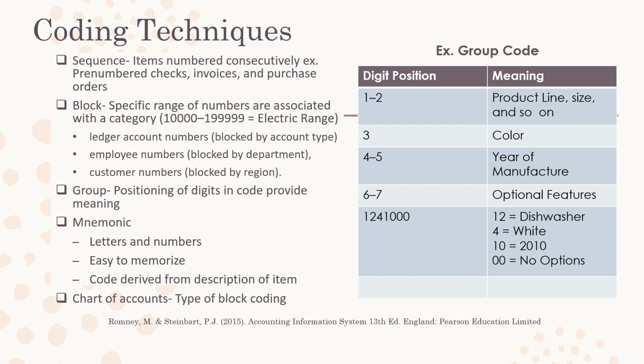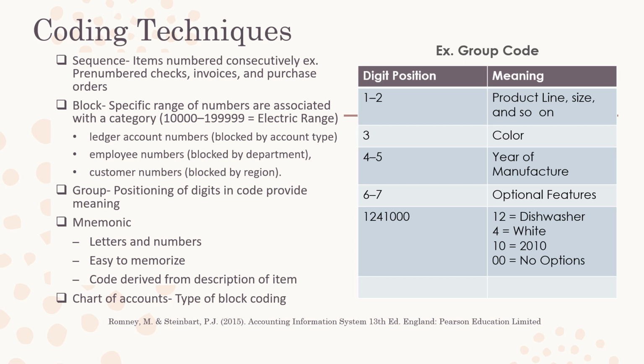So we have 1 to 2 for product line, 3 is for color, 4 to 5 is year of manufacture, 6 to 7 is optional features. So when we group code the item or the inventory, we have 1241000, meaning it is a dishwasher with white color, manufactured in 2010, and no optional features available.